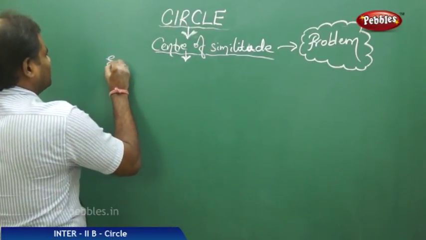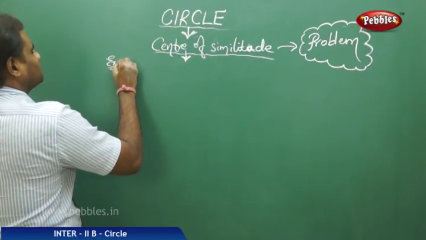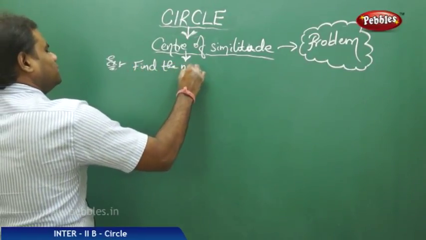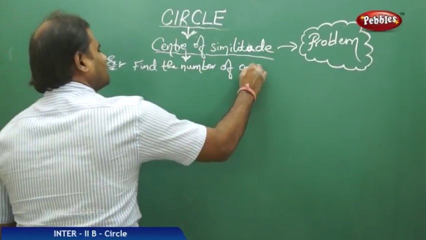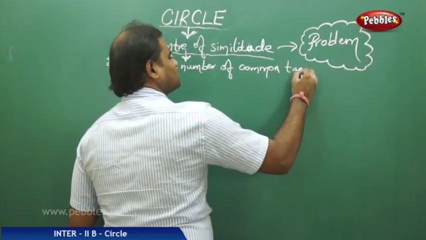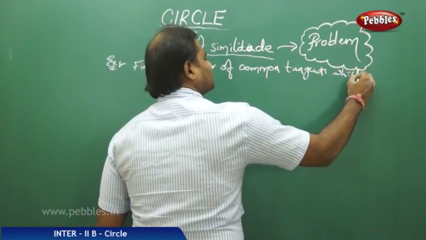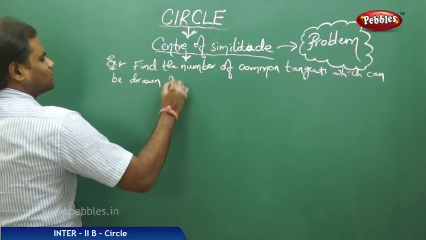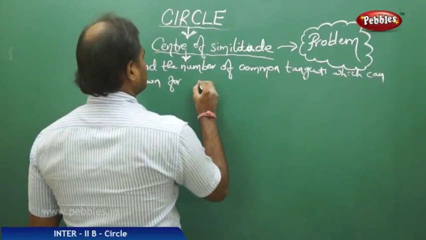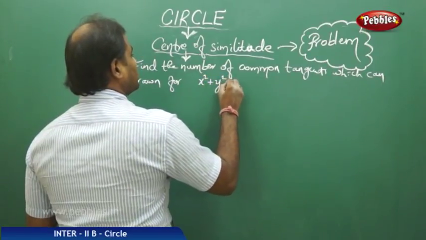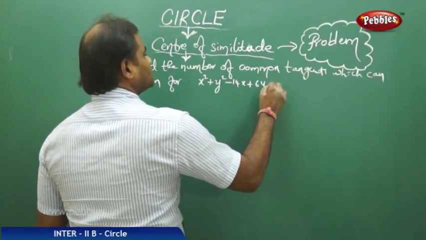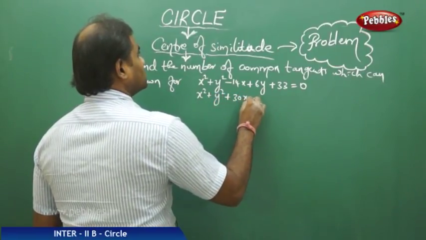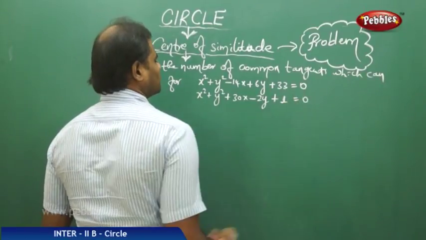Say, for example, I have a problem which says: find the number of common tangents which can be drawn for the circles x squared plus y squared minus 14x plus 6y plus 33 equals 0, and x squared plus y squared plus 30x minus 2y plus 1 equals 0.